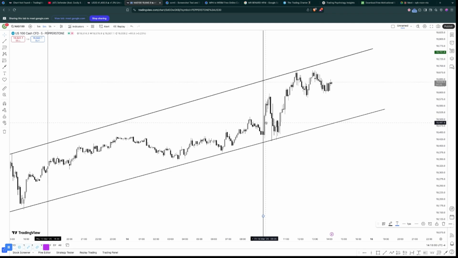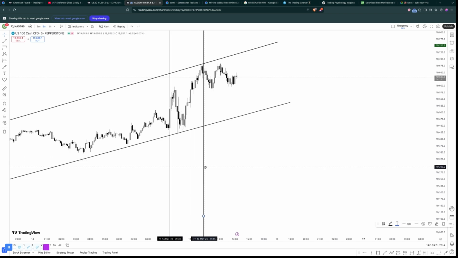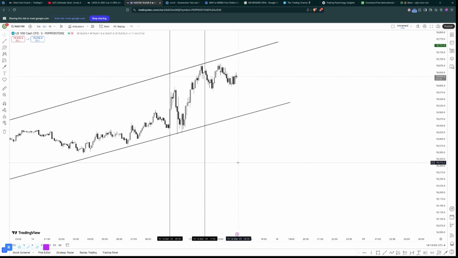That is when I start looking for my trades. From 9:30 to around 11:30 to around 12 actually, I must be done with my scalp, because I'm a scalper, so I must be done by that time.